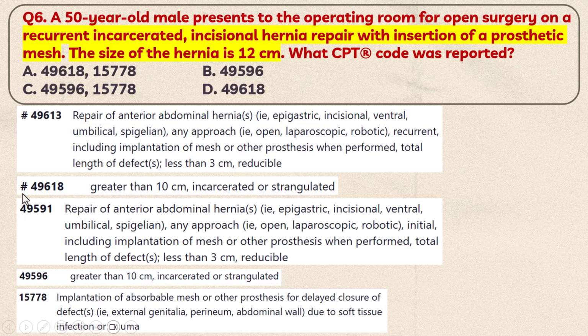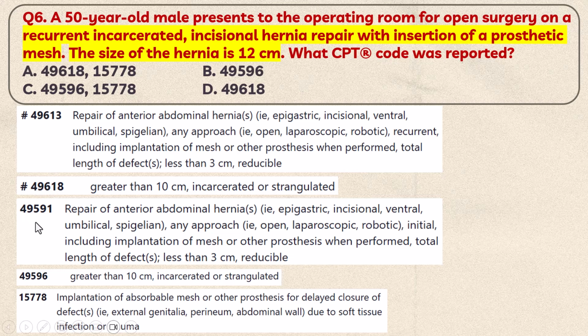So the other code, 49,680, is greater than 10 cm incarcerated or strangulated. So all the conditions are fulfilled by this code. You can see this is a recurrent, incarcerated, incisional hernia, and more than 10 cm, that is 12 cm. So this answer will be correct.